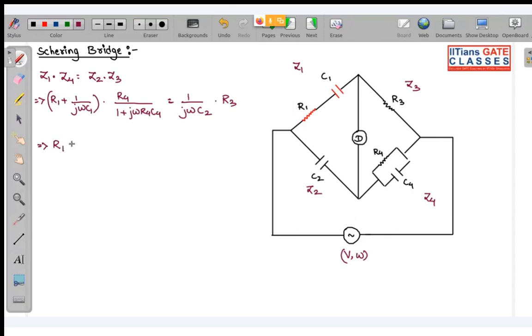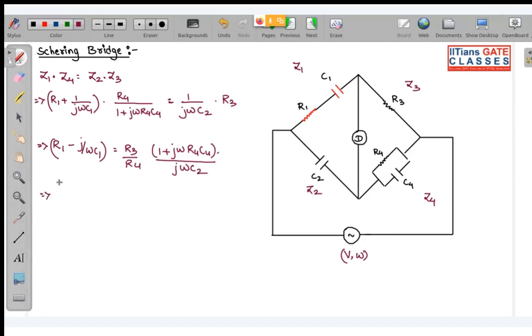R1 minus j by omega C1 is equal to R3 by R4 into (1 plus j omega R4 C4) by j omega C2.